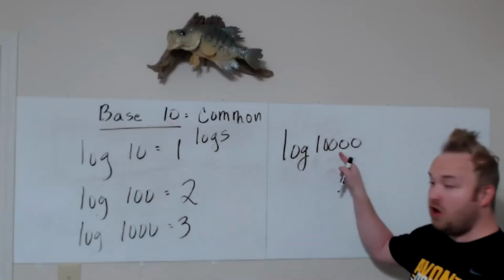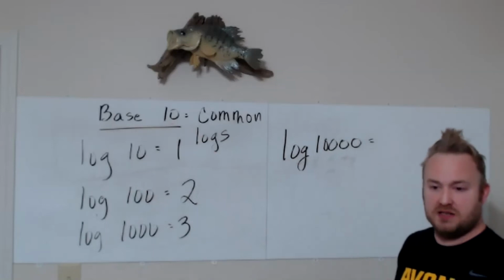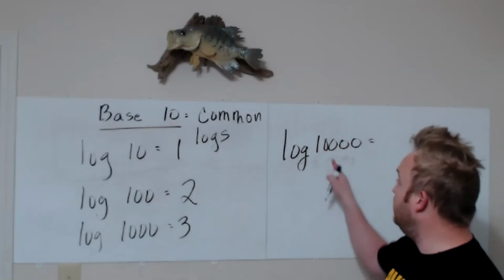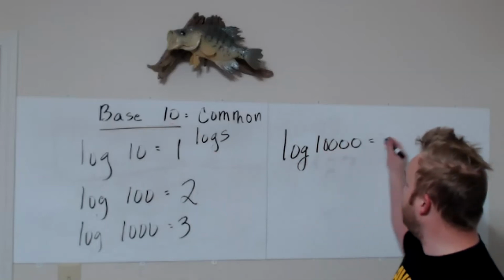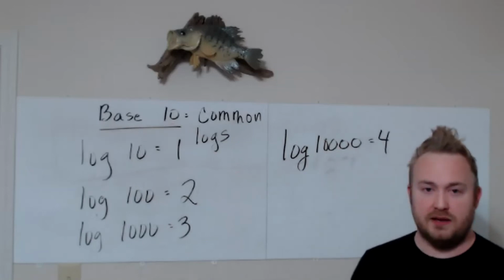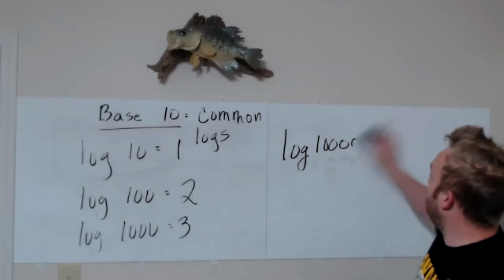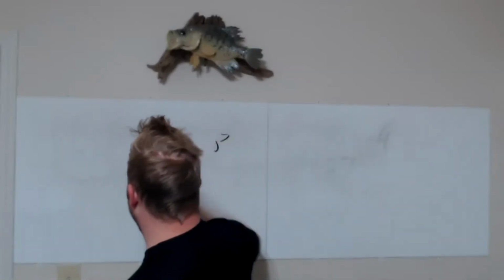So when we see log of 10,000 and there's no base, that means I'm using base 10. If your base is 10, what exponent do you need to get 10,000? Don't we just count the zeros? 1, 2, 3, 4. So that logarithm is 4. Okay, so that's common logs, which always have a base of 10, and we don't even write the base in there.